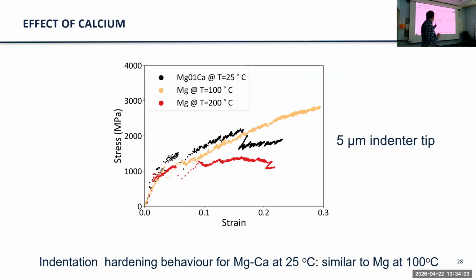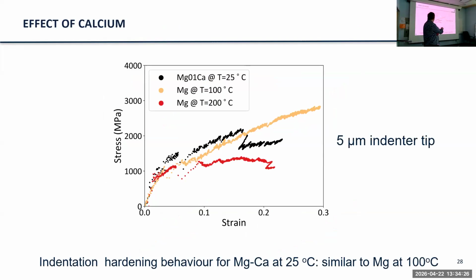And then you can start to look at alloys. This is just one example. I've actually been reading through Shuheng's thesis this morning, the chapter on this, which is looking quite nice. And she's done a much more detailed analysis. But here we plotted magnesium with just 0.1% calcium. The literature says calcium changes things about the dislocation core.